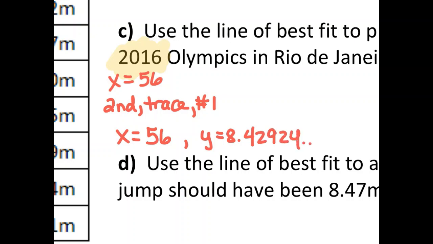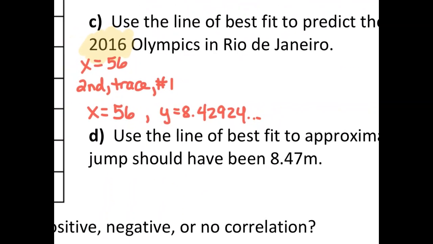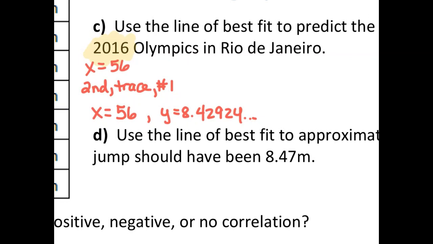And it tells you that when x is 56, y equals 8.42924, and so on. Now remember that we ask you to round everything to 2 decimal places. And so here, the prediction is 8.42. Remember that you want to label, that should be 8.43, because I rounded it because of the 9.